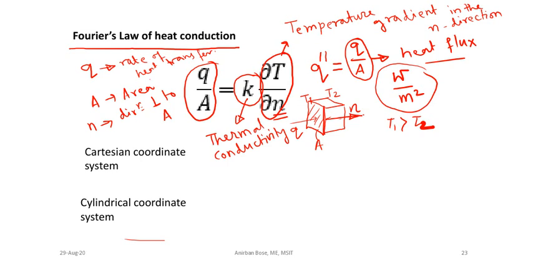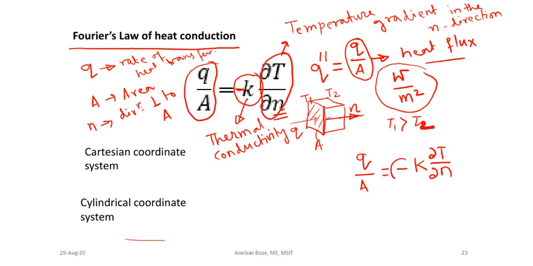So here there should be a negative sign. Basically the Fourier's law is this: Q by A is equal to minus k into del T del n.